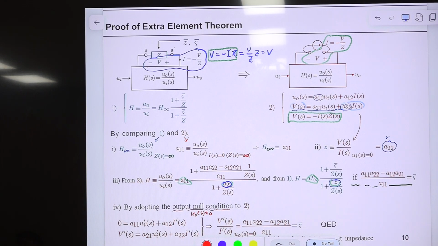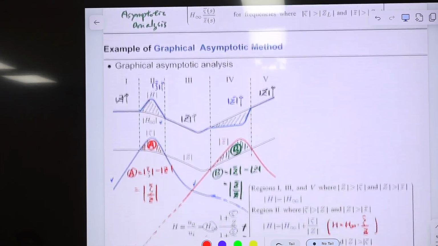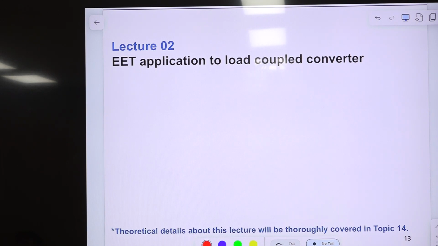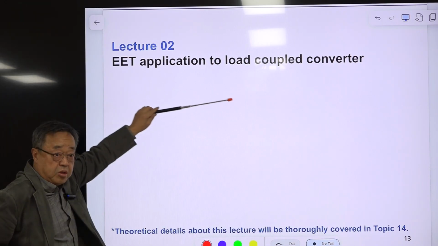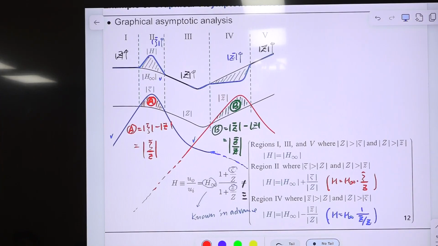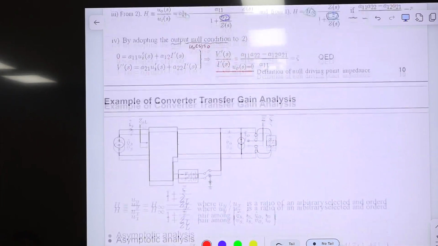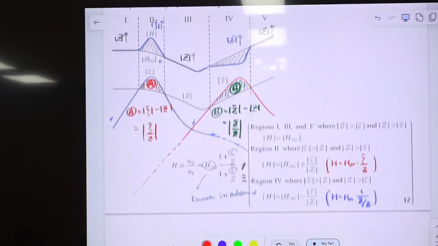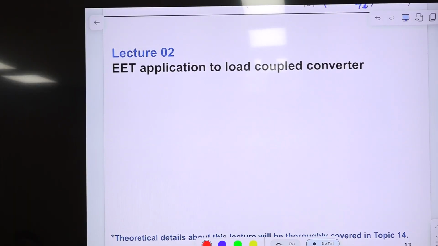All right. Next topic. In the next topic, we'll take a closer look at the ET application to the load coupled converter. So we just generally, intuitively explained the load coupled converter, but the detailed analysis will be covered here.